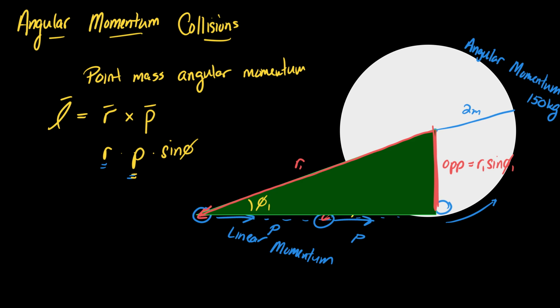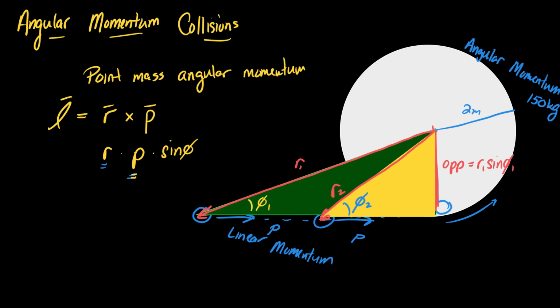So I think this is overkill, but let's go ahead and do it. Let's draw the other triangle here. Wouldn't this have to be R2? And wouldn't this have to be phi2? Right?